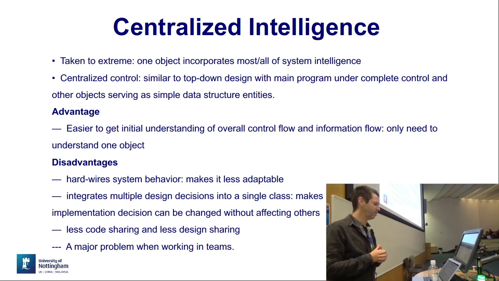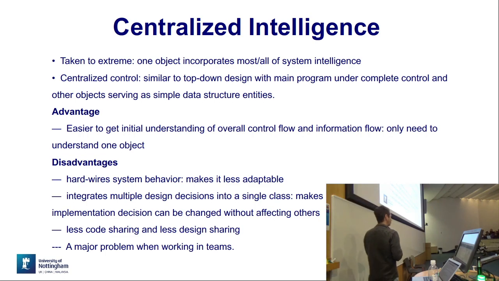And you can even think about it in another sense. You have just one method. It's the main method, and that's it. And you have your whole execution from top to bottom in one method. That's sort of the most extreme example of centralized intelligence.